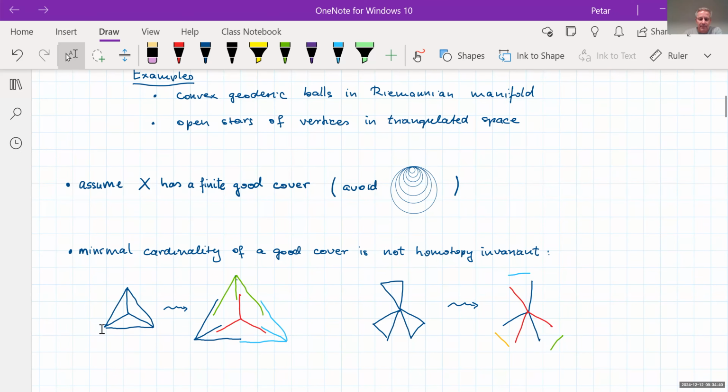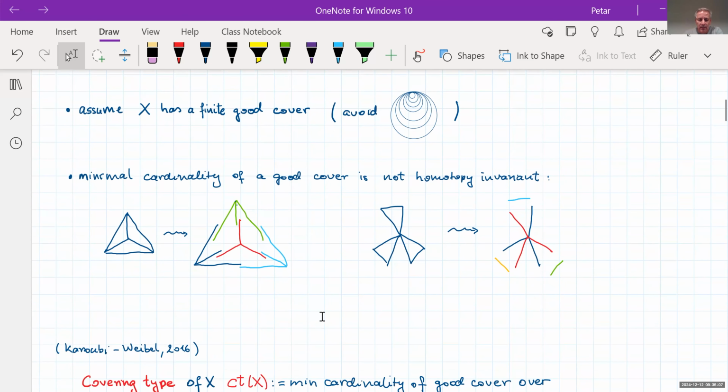Clearly, if you cover it by stars of vertices, you have four elements in a good cover. But you can represent it also in this way, and then it requires some checking. The minimal good cover turns out to have 5 elements, and this is an example of a way that you can split it. Think of it as a bit extended, so you have an open cover.